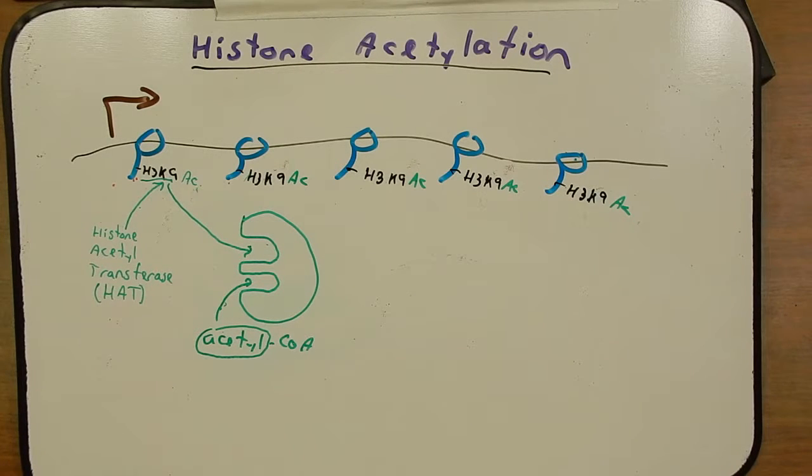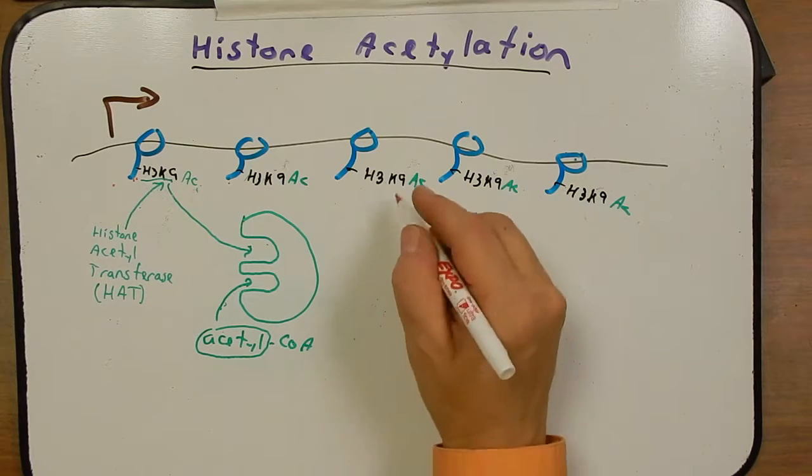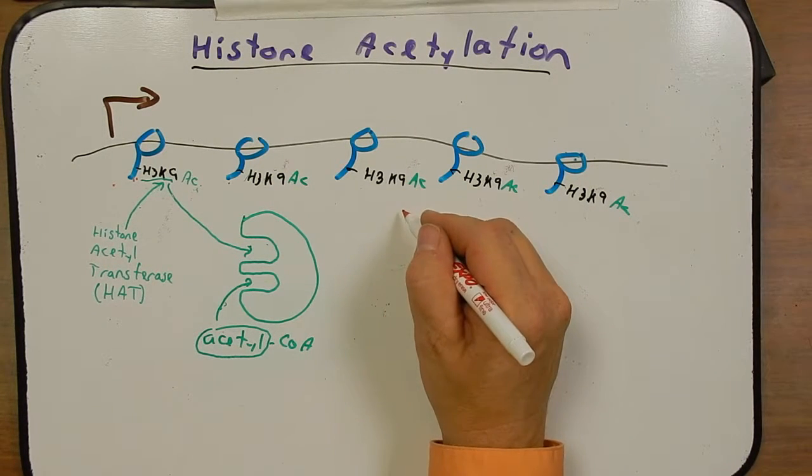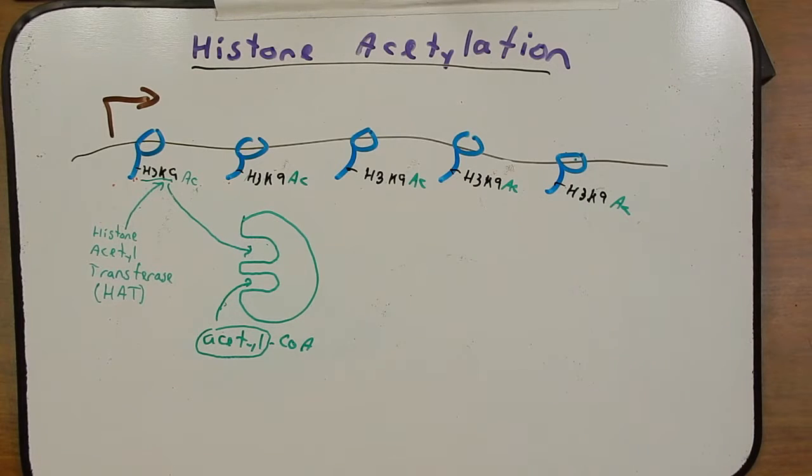It's not going to be the act of removing the acetyl group that turns it off immediately. It's a whole cascade of events, but we have to start somewhere. And so we're just talking about this one event. And by removing this acetyl group, that does help bring about other changes that will eventually shut down expression here.